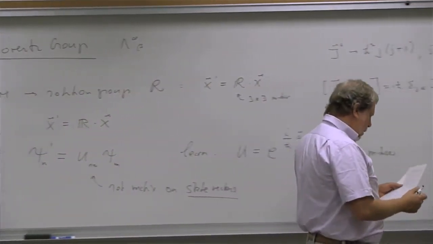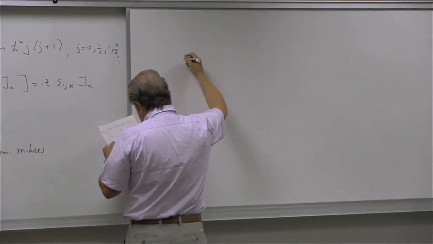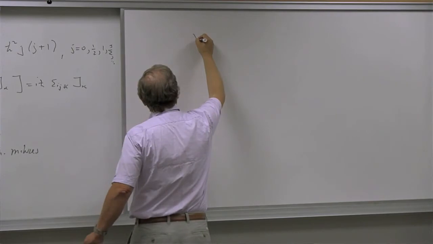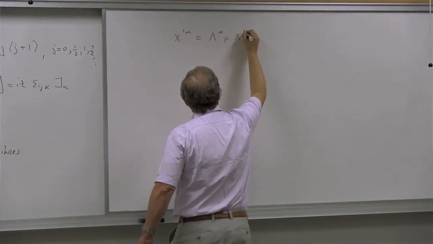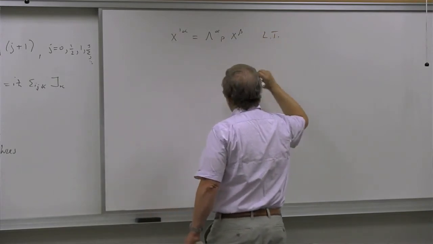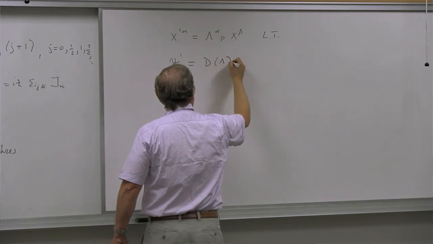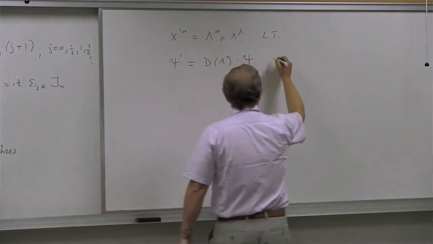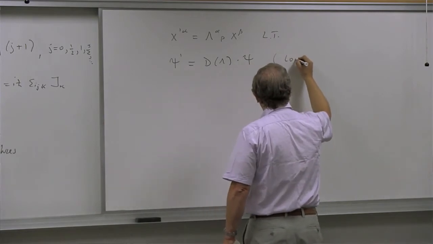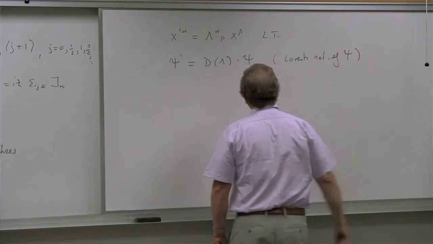And that means that we write that x'^alpha is equal to Lambda^alpha_beta x^beta, which is our standard Lorentz transformation. And then we have psi prime, which is D(Lambda) times psi. So this is a Lorentz rotation of psi.